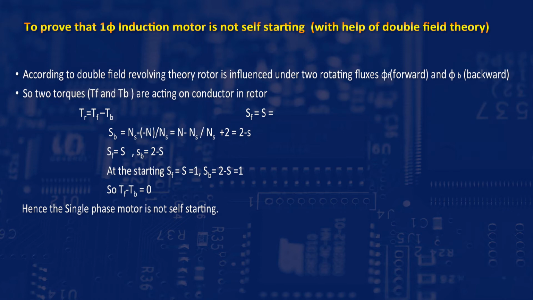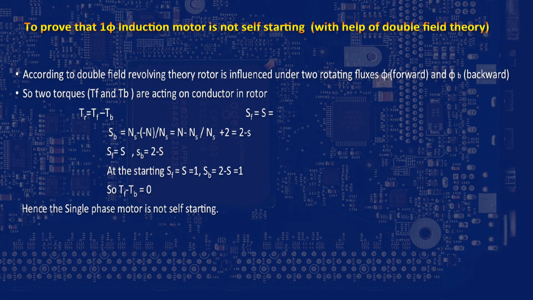So, your forward slip and your backward slip both are equal. As a result, your forward torque is equal to your backward torque, and therefore, their difference is 0. So, the single phase motor is not self starting. This is a derivation showing that your induction motor is not self starting.